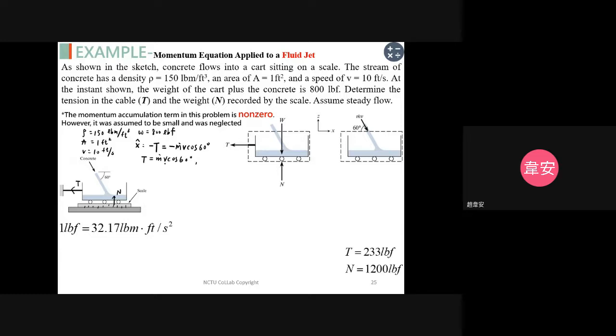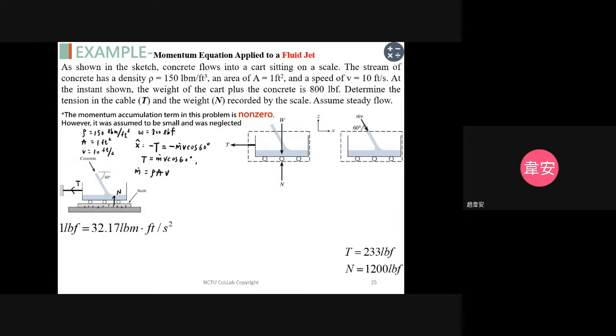The major question for this equation is what is the m rate? If we know rho and the cross-section area A multiplied by the velocity, then we can compute the mass flow rate.